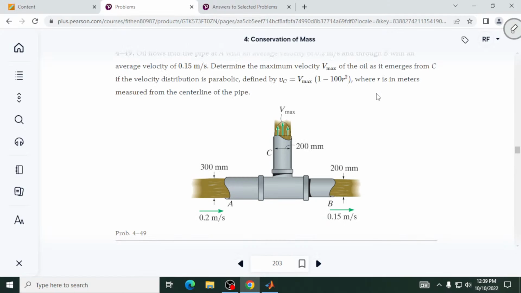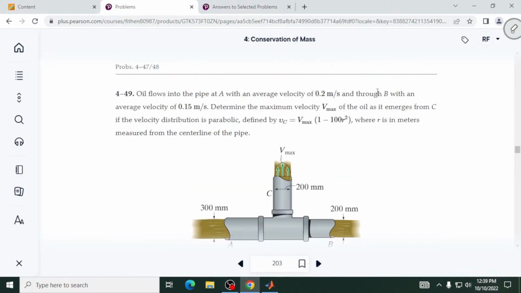Ooh, there we go. Oil flows into this pipe with an average velocity of 0.2. Where? Oh, through A. Okay, that's right here, at 0.2 meters per second.